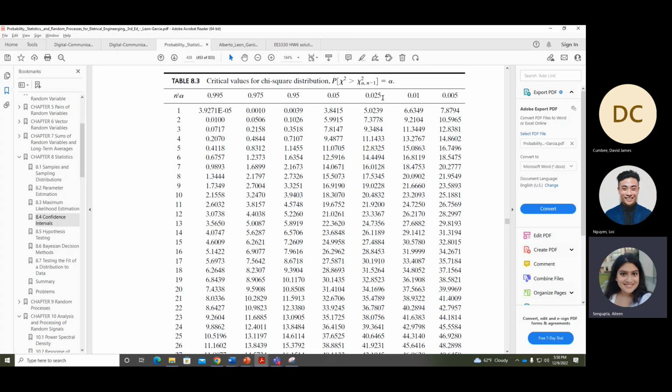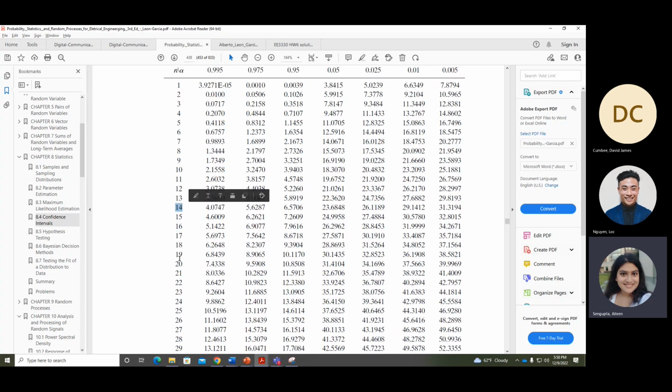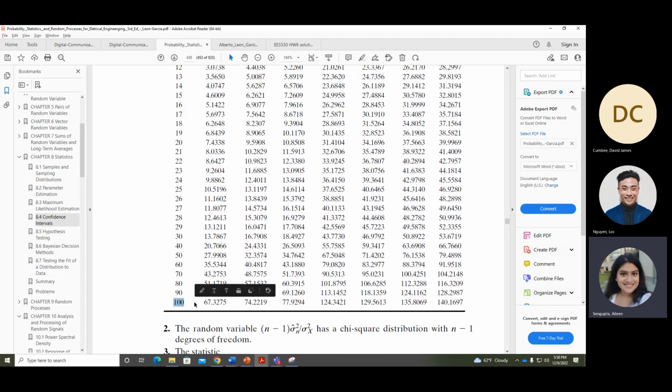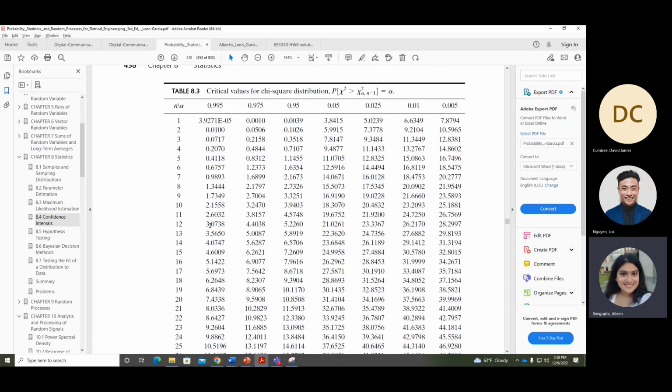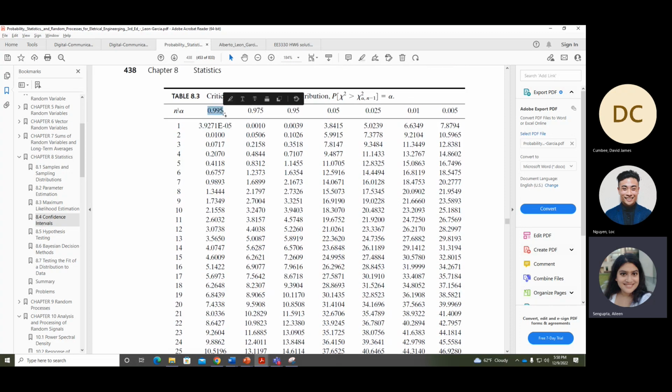So you have the n value out here. So how do you read this table again? So n is these. n is equal to 1, n is equal to 6, n is equal to 14, all the way down to n is equal to 100, right? These are the n. And what are your alpha values? These are your alpha values. Alpha, this is alpha, this is alpha. Again, this is an alpha.